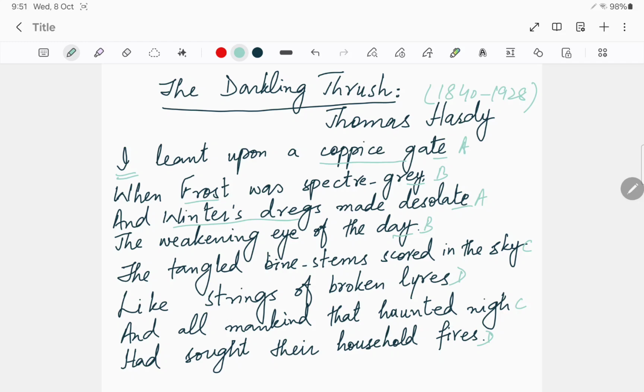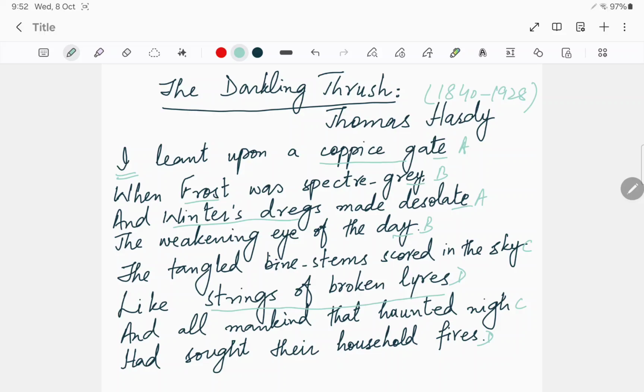So we were saying the weakening eye of the day, that means actually the day is almost over, and the sun's weakening eye is fading as the darkness is now going to spread. And as far as the other things are concerned, he says the tangled vine stems, that means the plants are dead and tangled, described here as strings of broken lyres, suggesting that the music of life in fact has stopped.